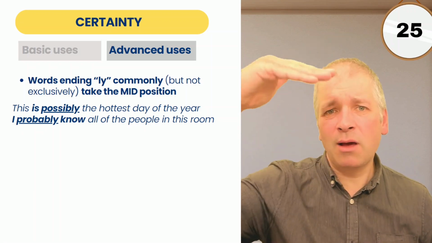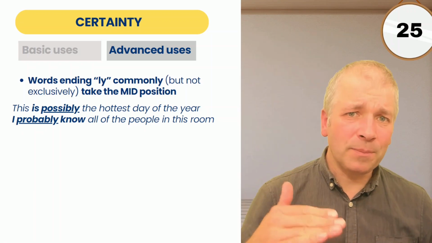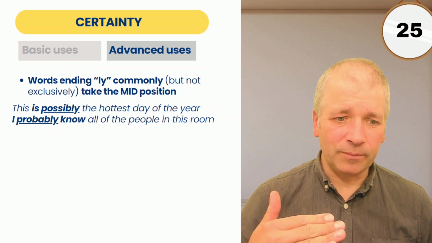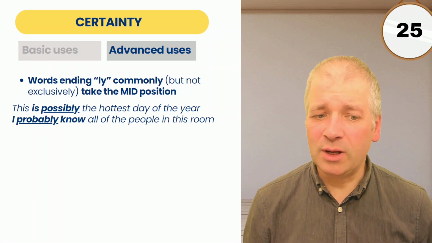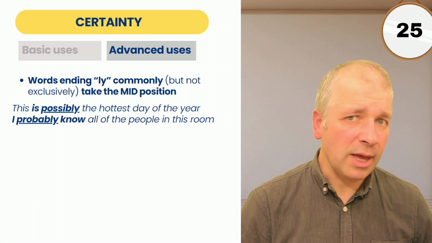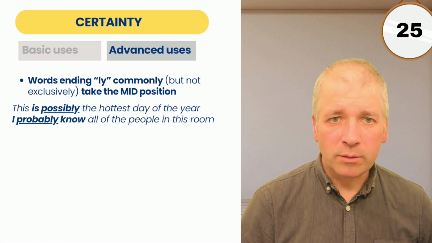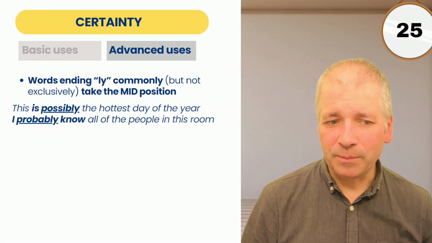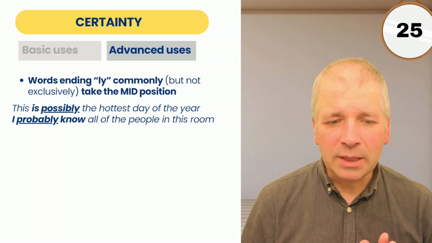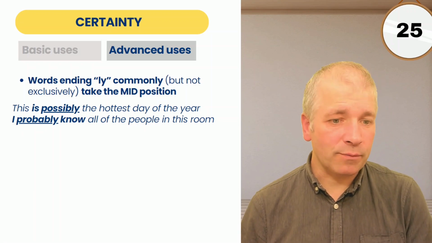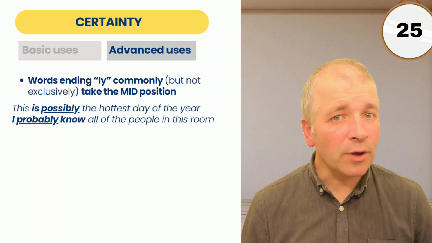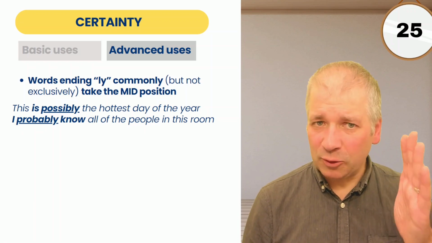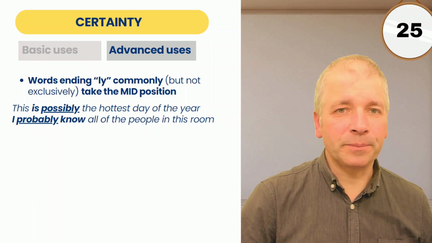Probably is higher certainty, possibly is lower certainty. And here they're both in the mid position. This is possibly the hottest day of the year. So possibly after the verb to be. I probably know all of the people in this room. So here it's not the verb to be, so the mid position is between the subject and the verb.